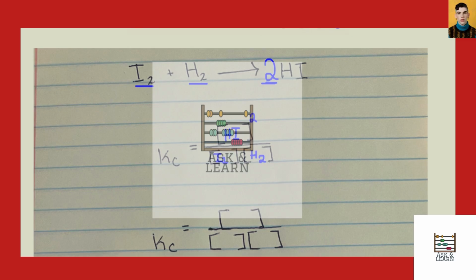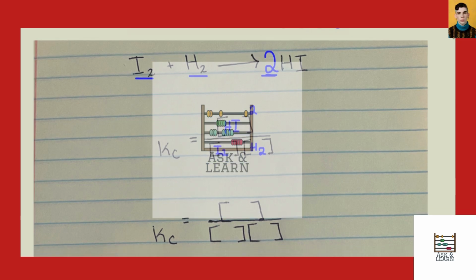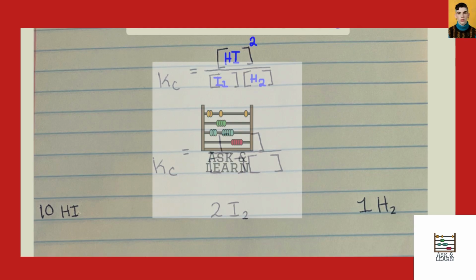Perfect. So now we have to find the concentration of I2 and H2 and HI from the picture we are given. If you count, we have 10 HIs in the picture, 2 I2s, and 1 H2. We're told that each molecule is 0.01 mole, and it's in a container that is 1 liter.